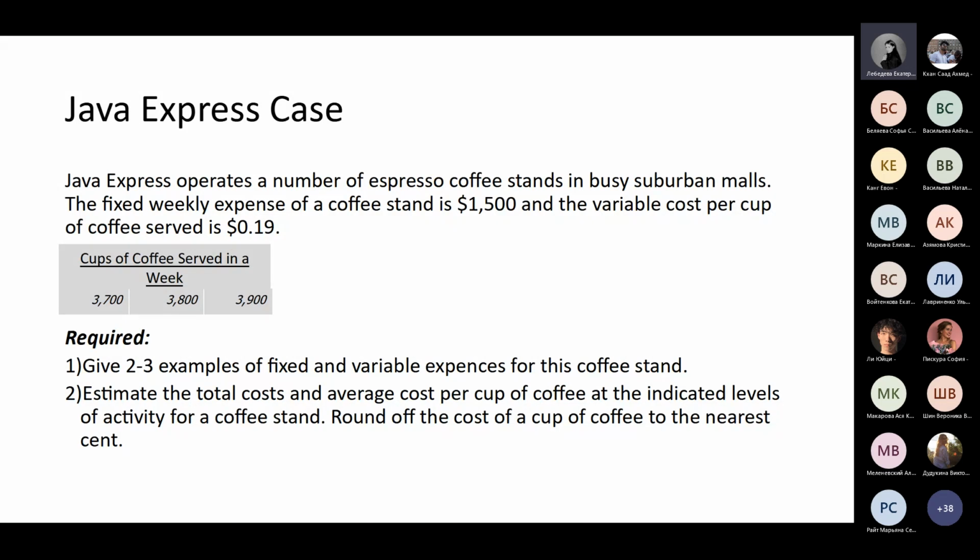So how can we estimate the total cost? It's clear that fixed expense is recognized every week, and our variable cost is recognized with any additional cup of coffee sold during the week.